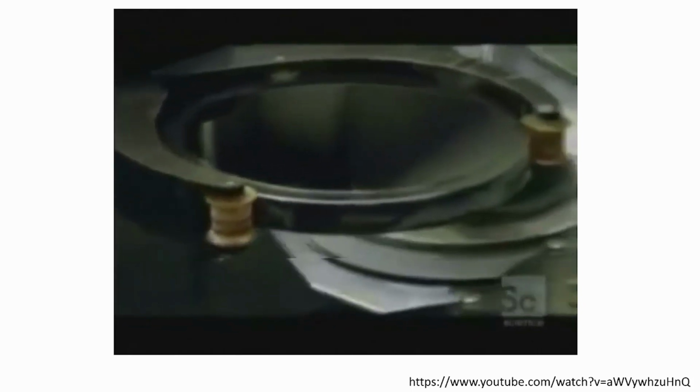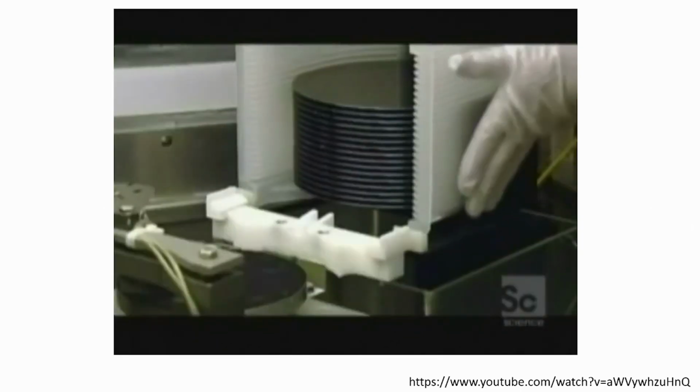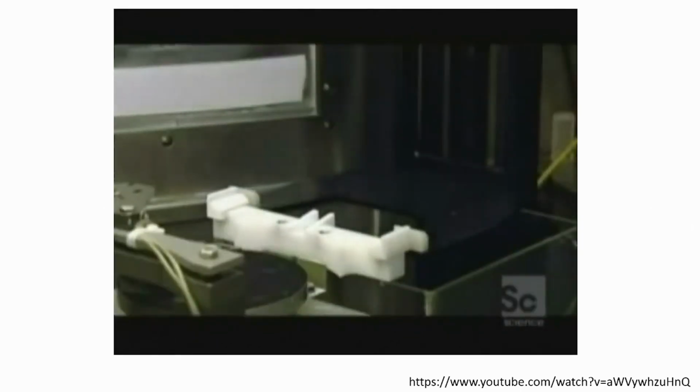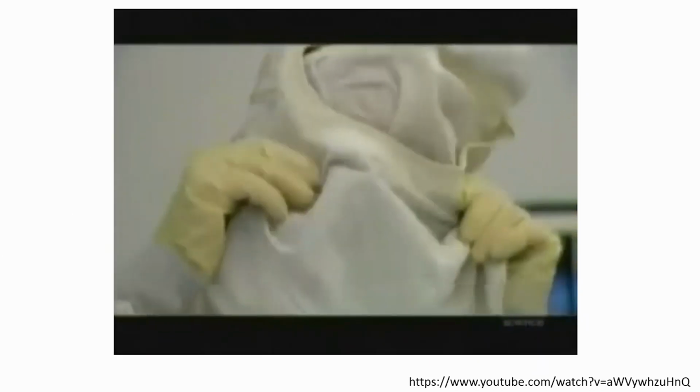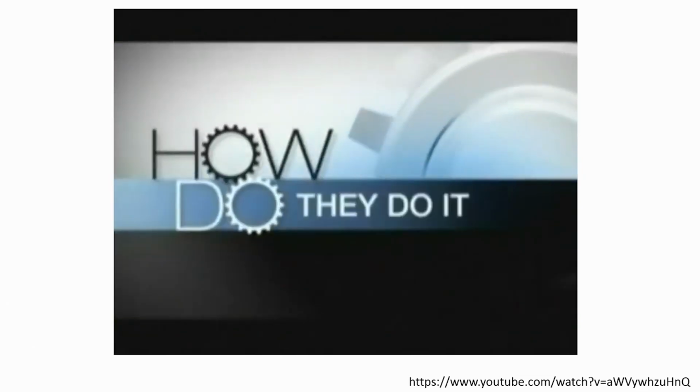The result is wafers of silicon with a surface roughness of less than 1/1,000,000th of a millimeter. Buffed to a sheen, they're finally ready for etching with the circuit design. Coming up, how do they eliminate the biggest enemy of manufacturing in a microscopic environment, the common dust particle? Find out next on How Do They Do It?